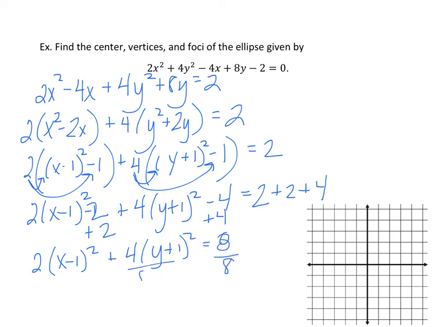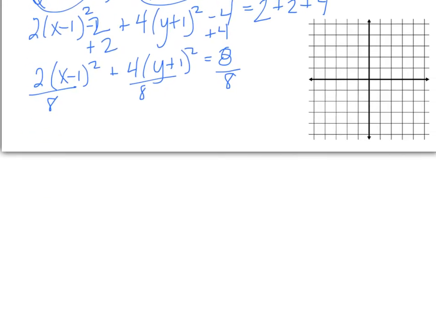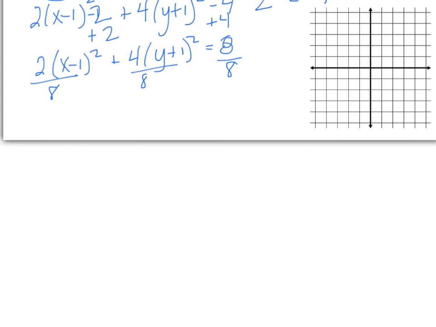Divide everything through by 8. Now I have (x minus 1) squared over 4 plus (y plus 1) squared over 2 equals 1.